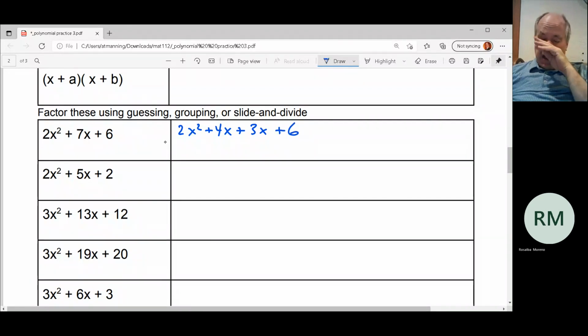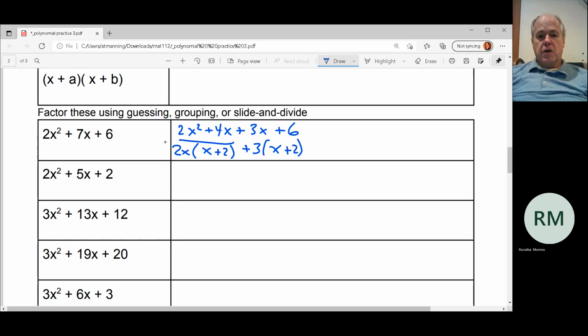I've decided to group it that way because I recognize that that can be turned into a 2x times x plus 2. And I see that this can be turned into a 3 times x plus 2.